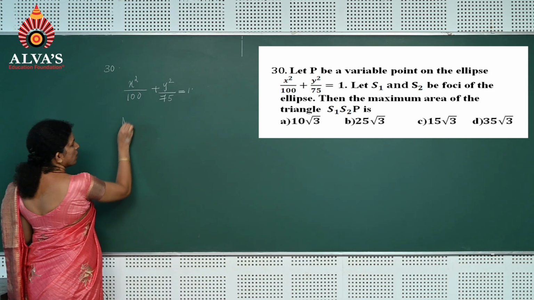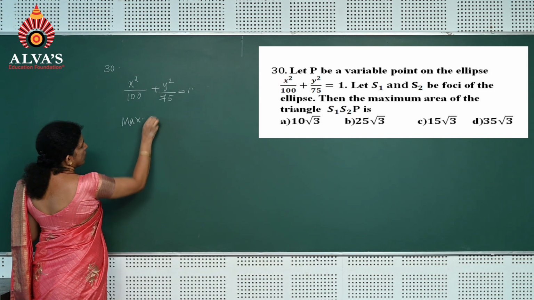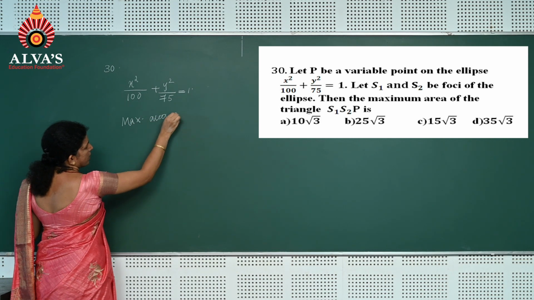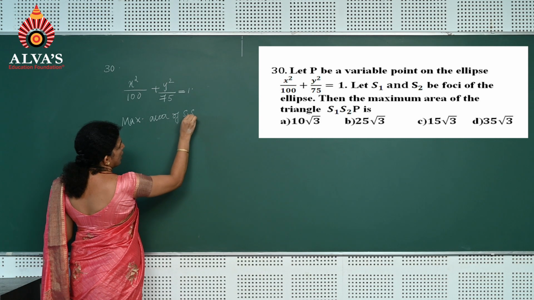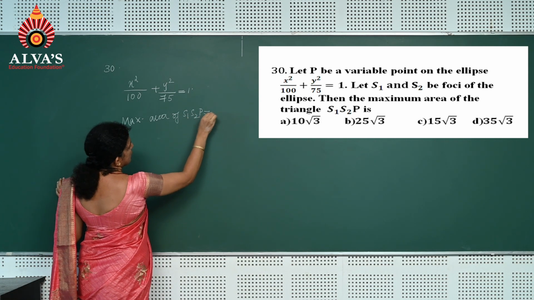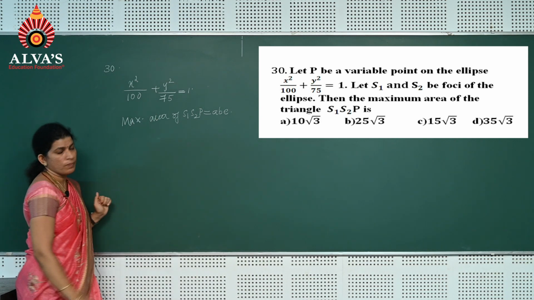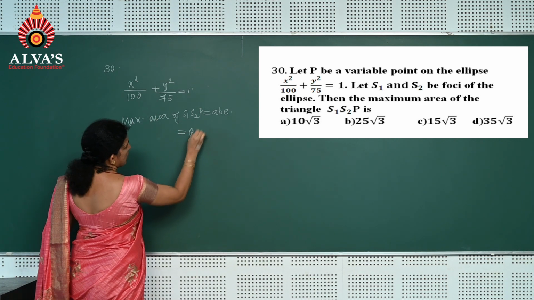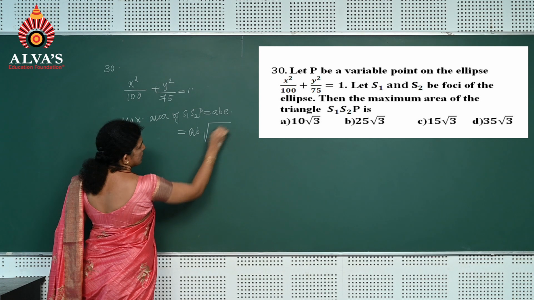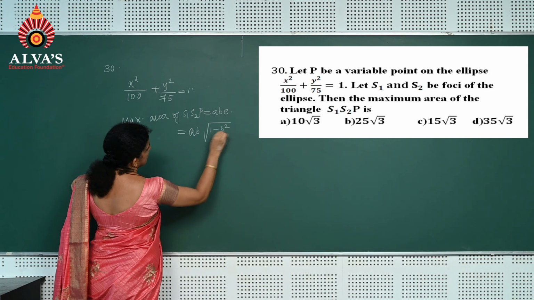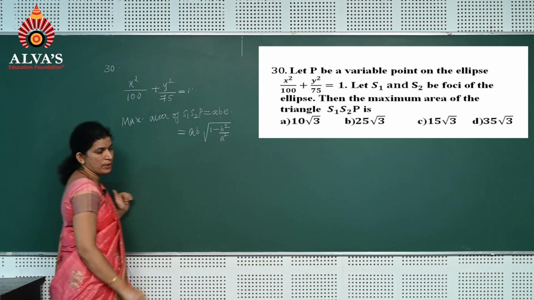See, note that the maximum area of such a triangle, that is S1, S2, P, is nothing but a b e. That is a, b into e, where e is root of 1 minus b square by a square.